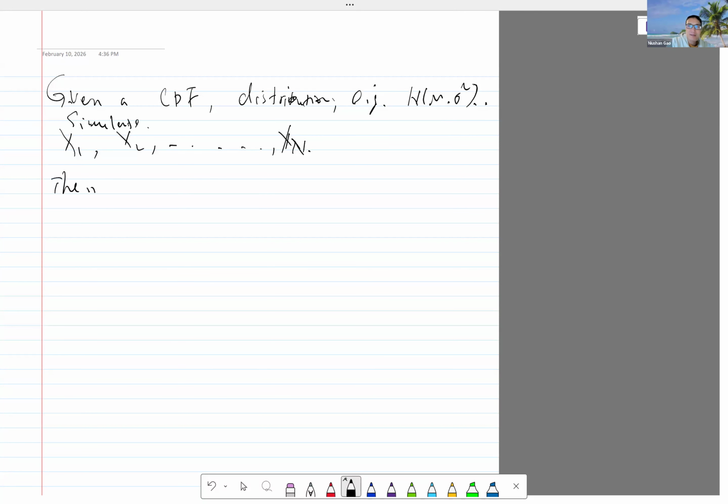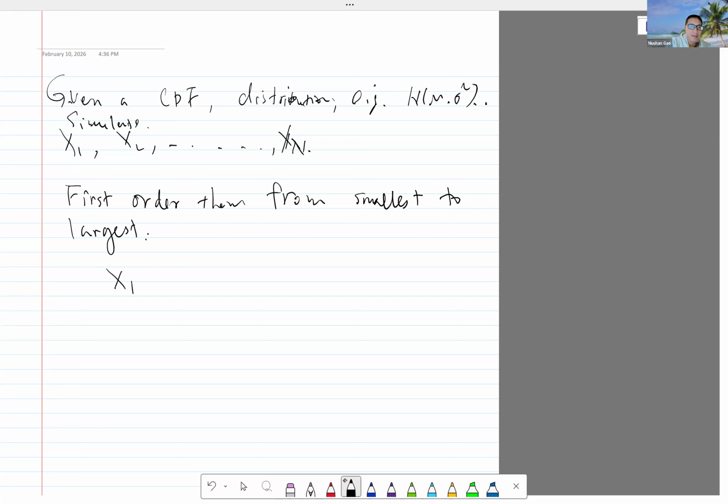Then it's actually not that difficult to estimate value at risk. We will see. So what we do is, first of all, order them from smallest to largest.